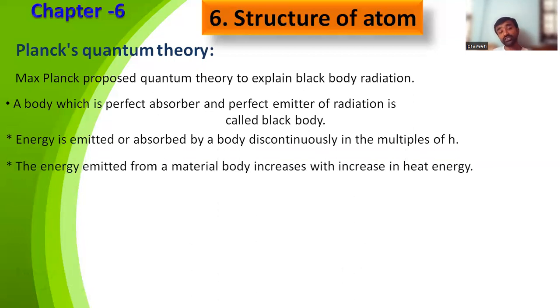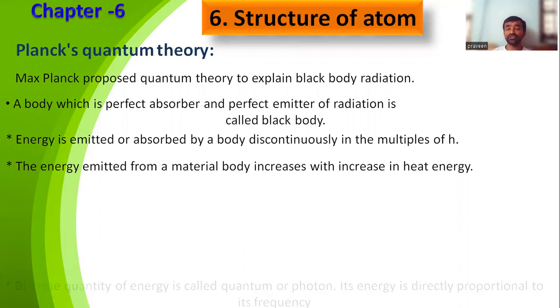The energy emitted from a material body increases with increase in heat energy. When you increase the heat energy, it can absorb more energy and also emits energy in the same manner. He noticed that a material body which is completely black absorbs heat energy according to what you provide, and then emits energy in the same way.